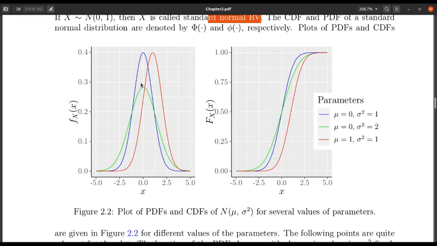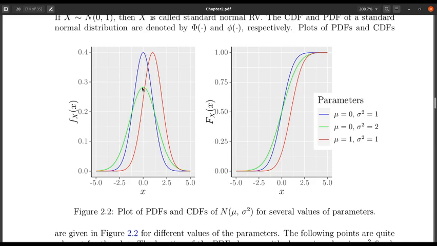So the blue and green, if you see, when mu is 0, these two functions are centered at the point 0. So both the functions are symmetric at the point 0, but what happens when I increase sigma, the function becomes more flat.